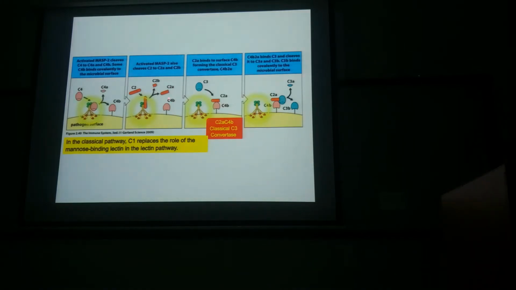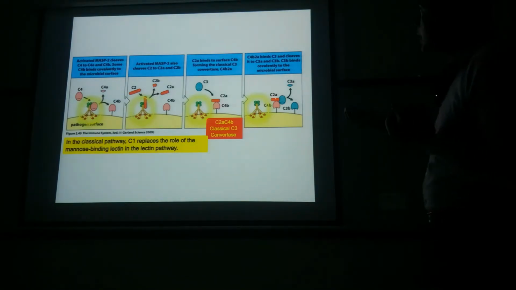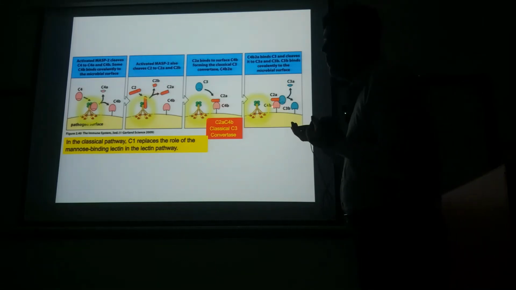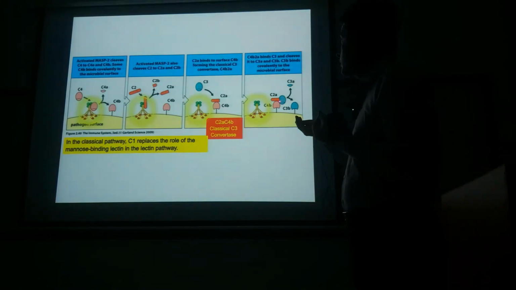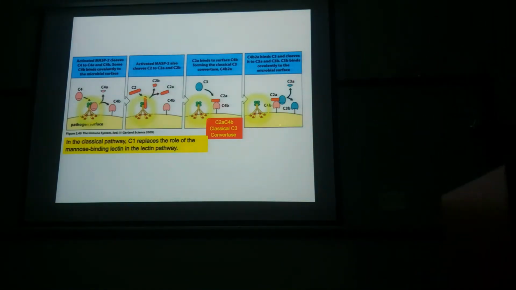The bigger part just binds to C4b, and this C4b and C2a is the convertase enzyme formed in both these cases. And what is it going to do? It's going to cleave the complement number 3 into 3A and 3B.